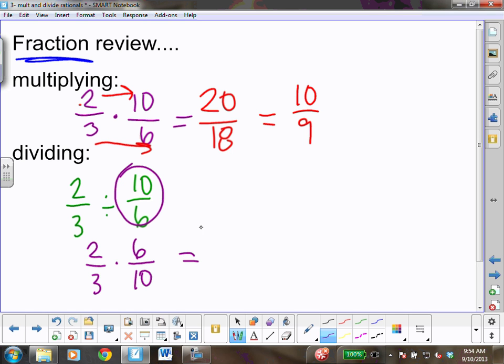And then I multiply straight across the top and straight across the bottom. So on the top of this fraction, I have 12. On the bottom, I have 30. And I need to reduce that. Both numbers can divide evenly by 2. So this reduces to 6 over 15. And it looks like it can reduce again. Both numbers can divide evenly by 3. So that's 2 over 5.